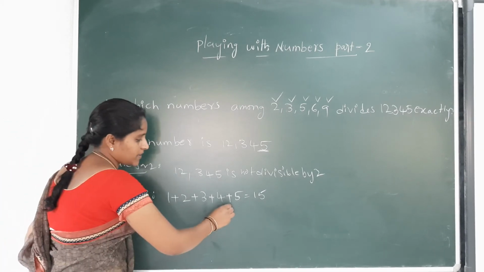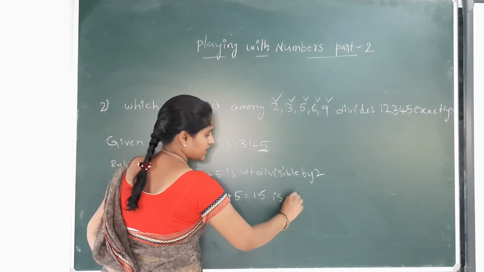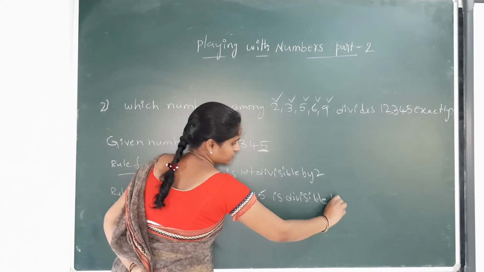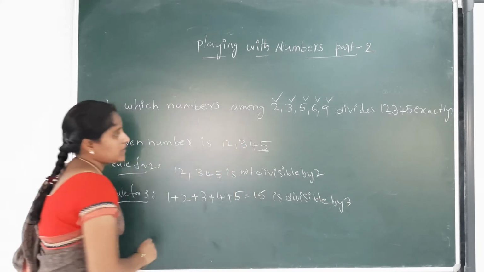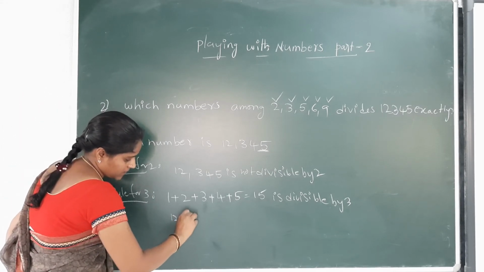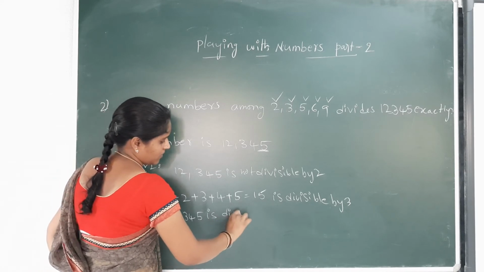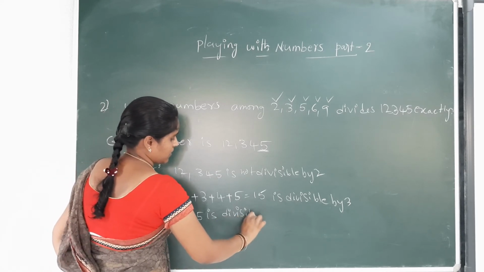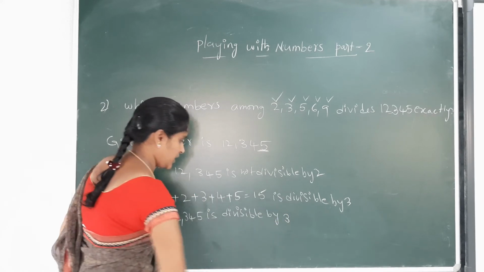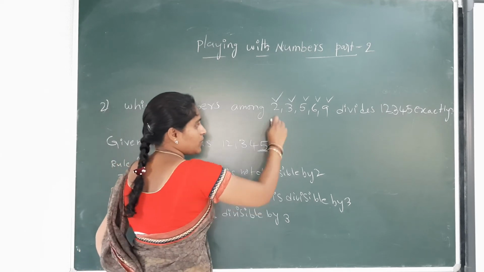So the whole number is also divisible by 3. 12,345 is divisible by 3.